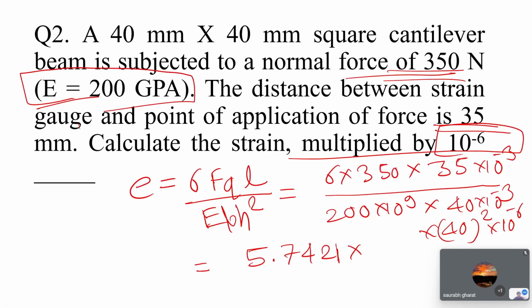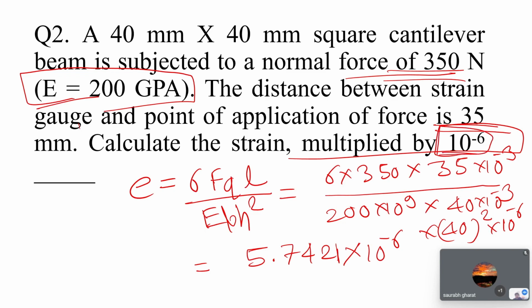Into 10 raised to minus 6. Okay, this is your answer. Just put the multiplication and put exactly the same thing, like minus 3, you need to put correctly. Into 10 raised to minus 6 will be your answer, but they have to put multiply by minus 6.